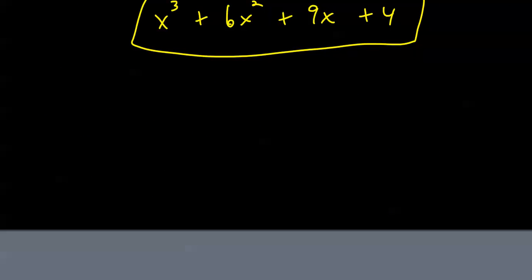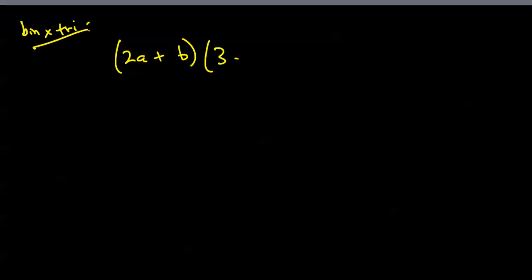Let's try another one, and these can get a little nasty. Again, another example of binomial times trinomial, and I'm going to do it again using the column method. 2a plus b, a binomial, times 3a squared minus 4ab minus b squared.